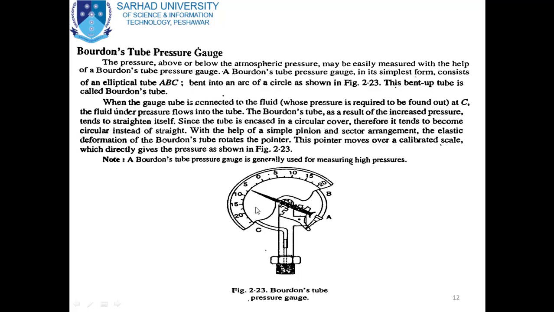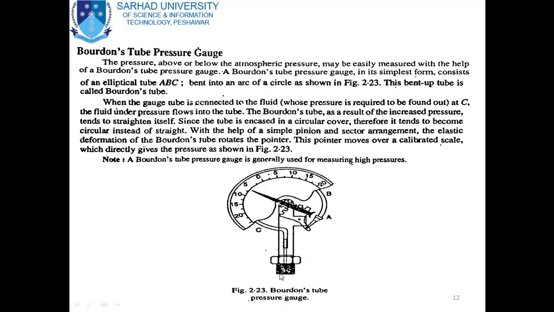The Bourdon's tube, as a result of the increased pressure, tends to straighten itself. Since the tube is encased in a circular cover, it tends to become circular instead of straight. With the help of a simple pinion and sector arrangement, the elastic deformation of the Bourdon's tube rotates the pointer. This pointer moves over a calibrated scale which directly gives the pressure as shown in figure.